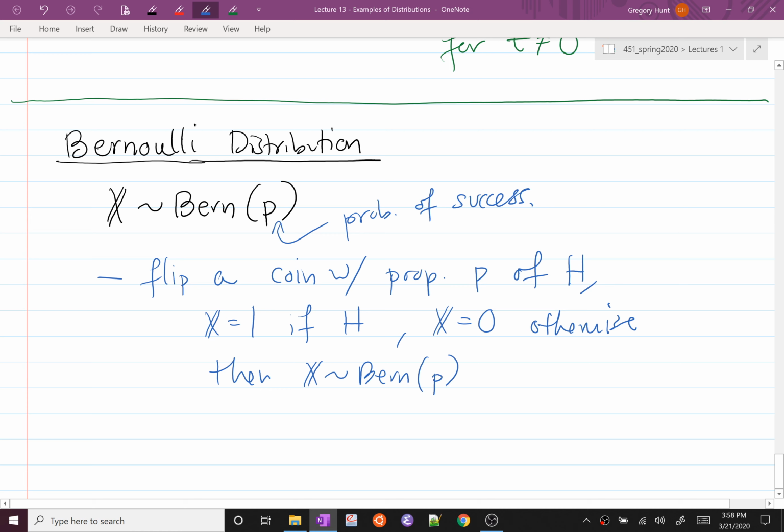So it's one yes or no binary experiment. Flip coin, 0 or 1 is typically how it's encoded, with probability p of getting a 1, probability 1 minus p of getting a 0.